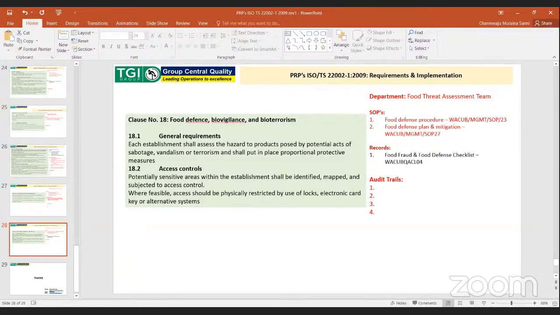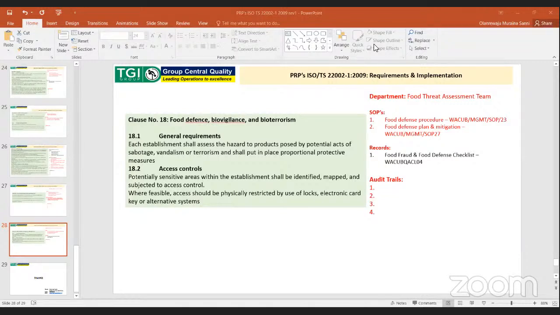Hello. I request everybody to be a little bit interactive and take benefit of the discussions, because in this document we are able to connect the standard requirement directly to the SOPs which are being put in place. These SOPs represent your departments, as the names and numbers are mentioned.